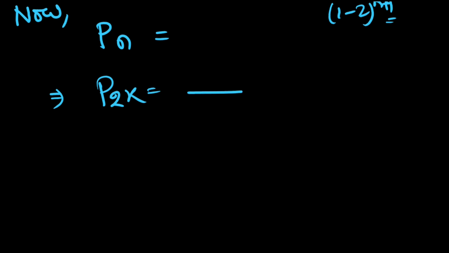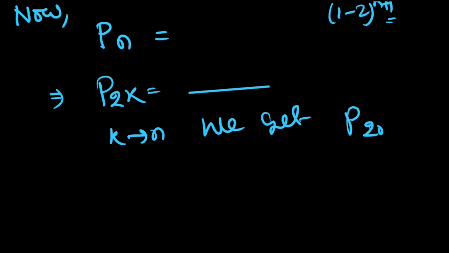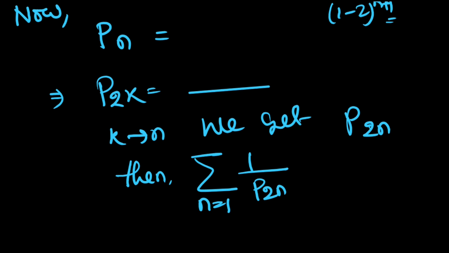Now overall in the question we actually write Pn in a compact summation form, then we write the binomial expansion of (1 - 2)^(n+1). This expansion gives the value of Pn in a very nice form. Then we find the value of P(2k), some expression, then we replace k by n, then we get P(2n), then finally get 1 over P(2n) and the summation for n = 1 to 25, that value is 675.